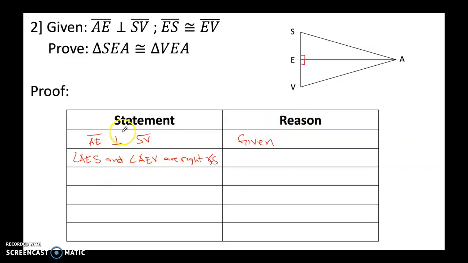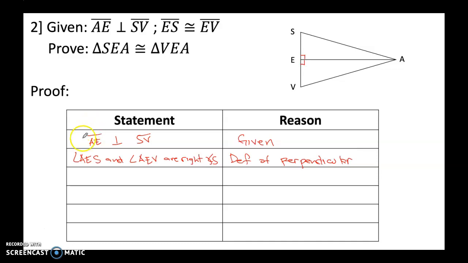By what reason? Perpendicularity, or the definition of perpendicular. Perpendicularity states that if two lines are perpendicular, then they form right angles.